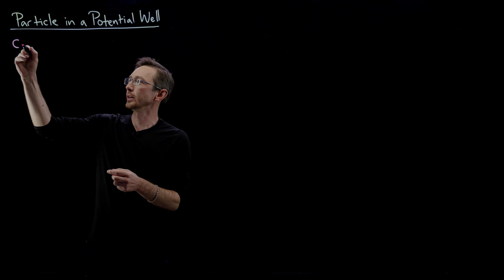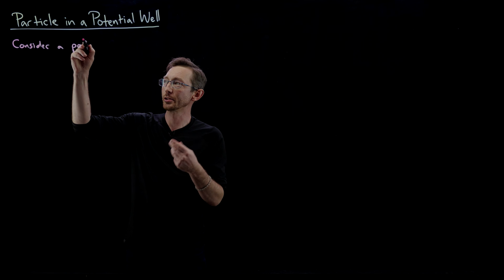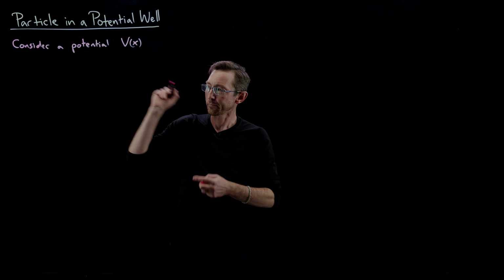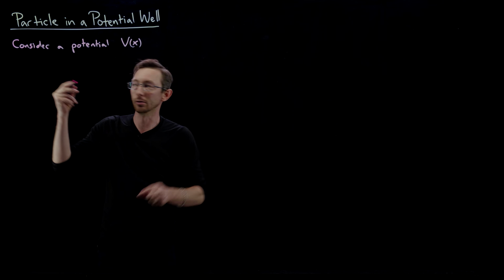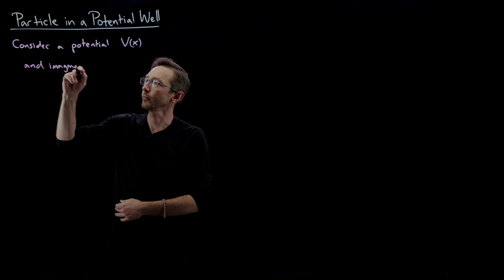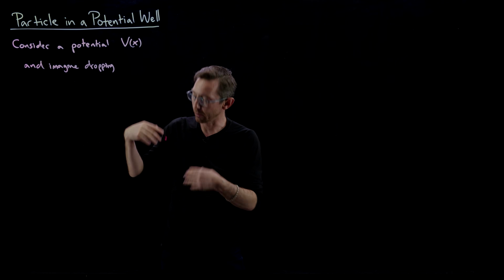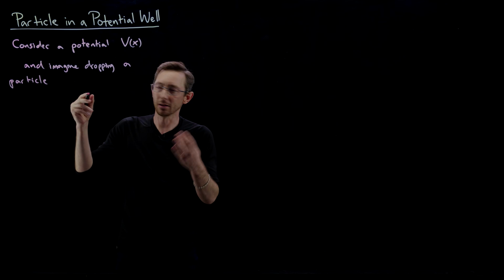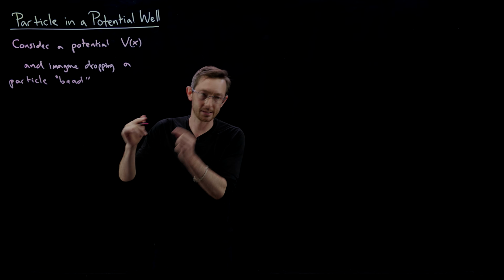So the idea is that we're going to consider a potential function, literally like the potential energy, V of x, and imagine dropping a particle or a bead, which I'm going to call a bead, and I'll tell you why in a minute, a bead x that can roll down the surface.